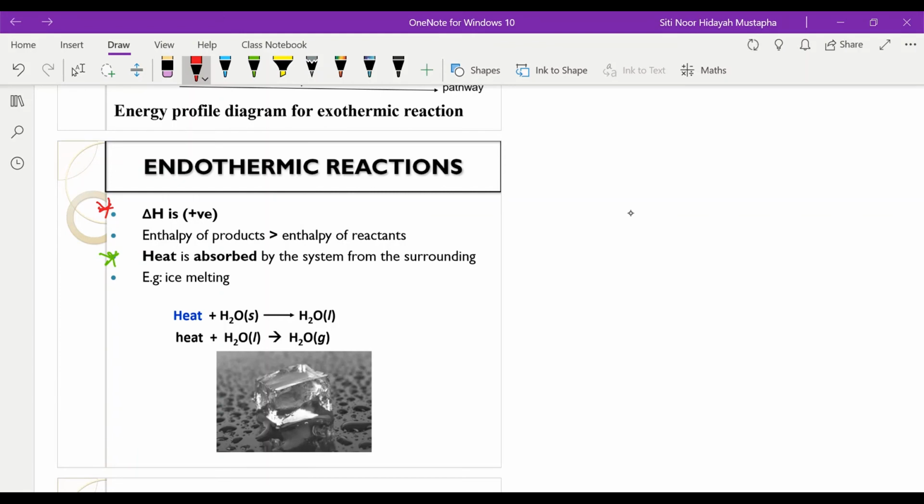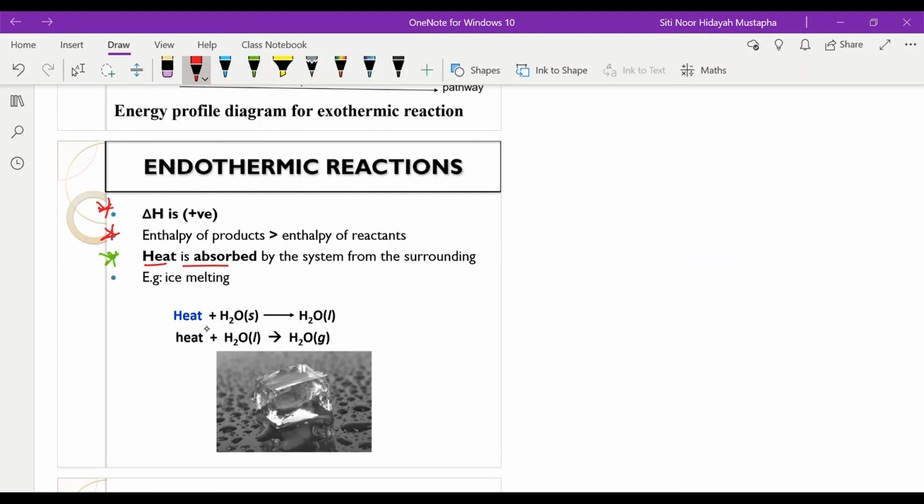And of course, it means the product enthalpy is higher than the enthalpy of its reactants. For example, when ice melts, the ice absorbs heat, so the ice gives you a positive enthalpy value. It absorbs heat from the surroundings into the ice system so that the ice can melt.